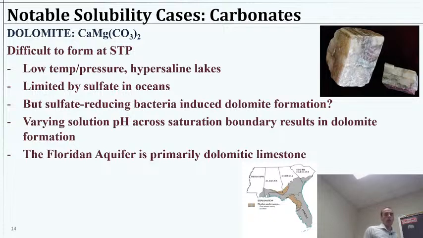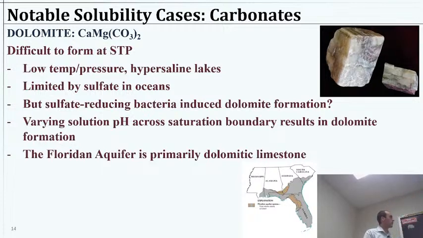Another notable mineral that we could talk about is dolomite. It's an interesting one. This is calcium magnesium carbonate, CaMg(CO3)2. Historically, this was pretty difficult to synthesize or to cause to precipitate under normal conditions. Apparently there was some history here where people were trying.